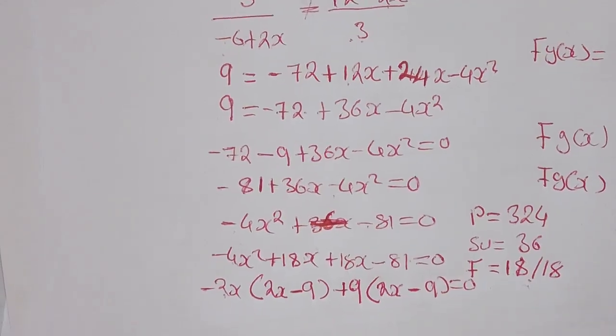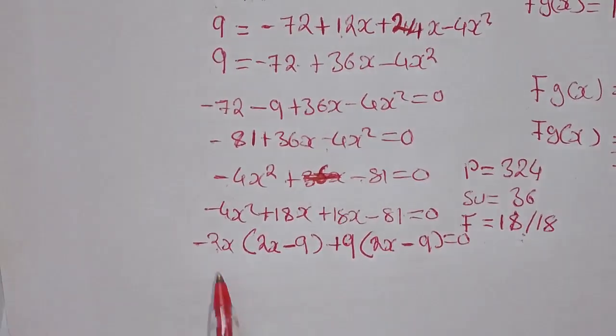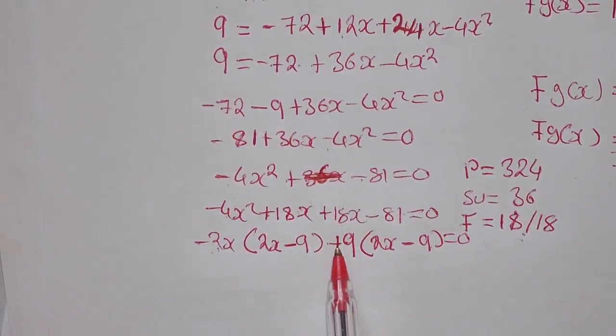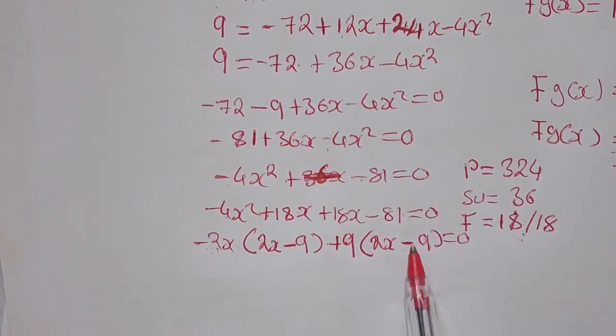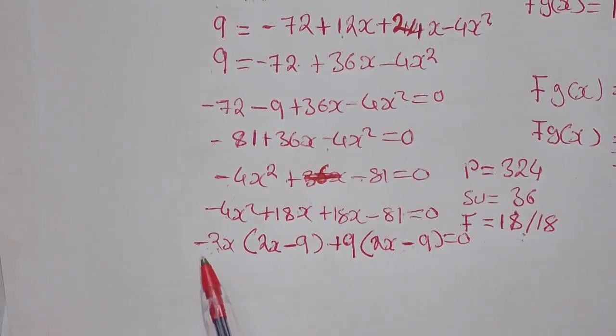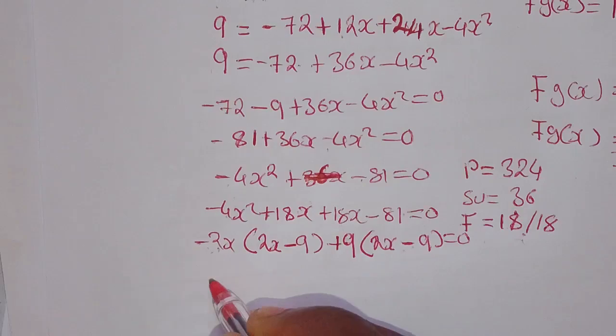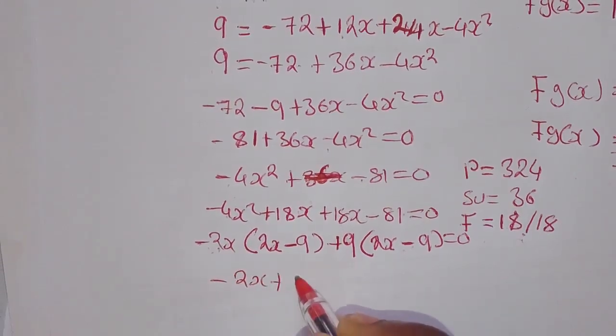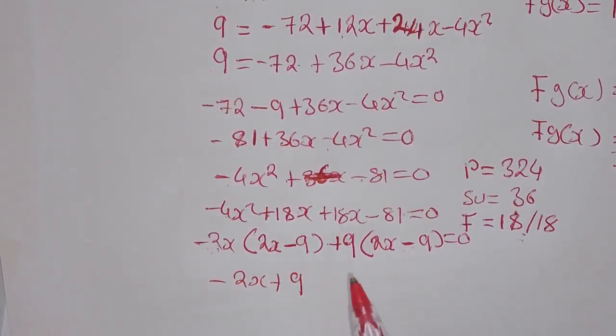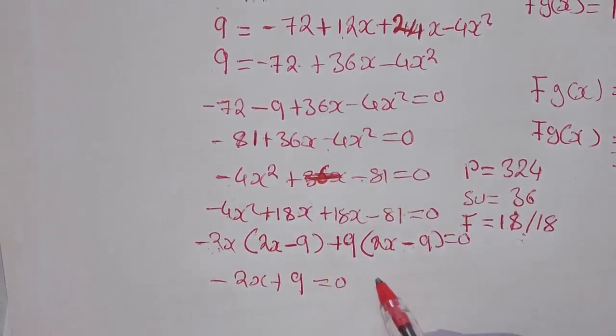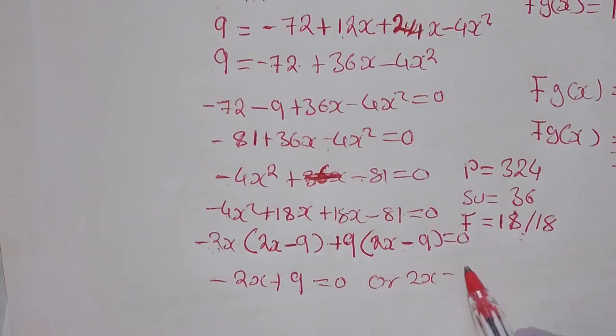Okay, so after reaching this side, you just get this and this. So we're going to have negative 2x plus 9 is equal to 0, or 2x minus 9 is equal to 0.